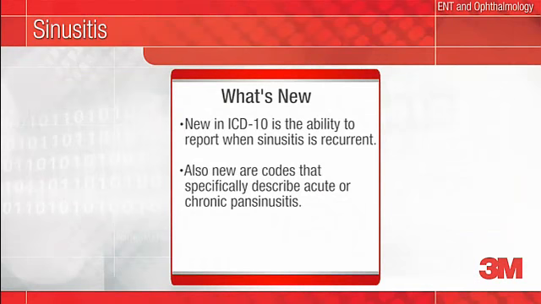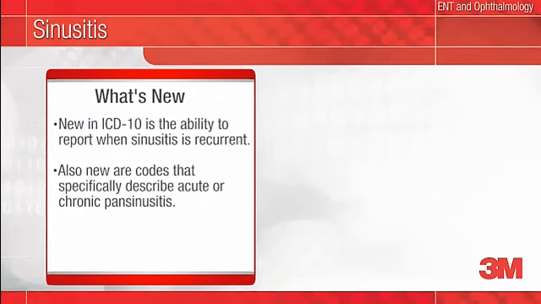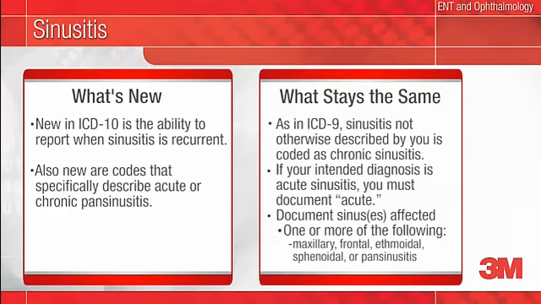What's new? New in ICD-10 is the ability to report when sinusitis is documented as recurrent. Also, there are new codes that specifically describe acute or chronic pansinusitis. What stays the same? As in ICD-9, sinusitis not otherwise described by you in the medical record is coded as chronic sinusitis.